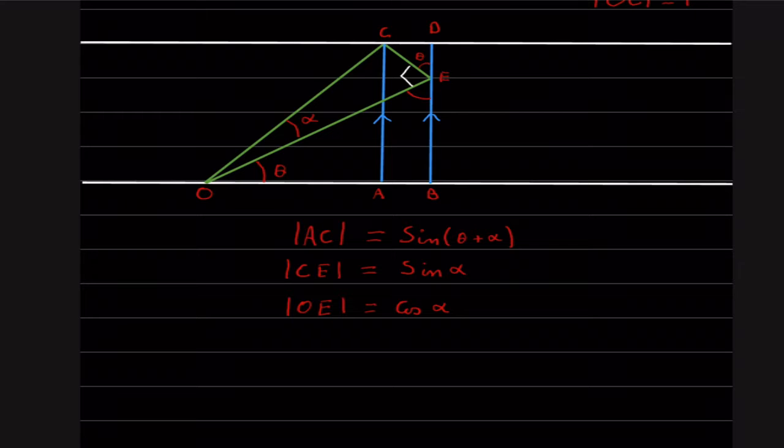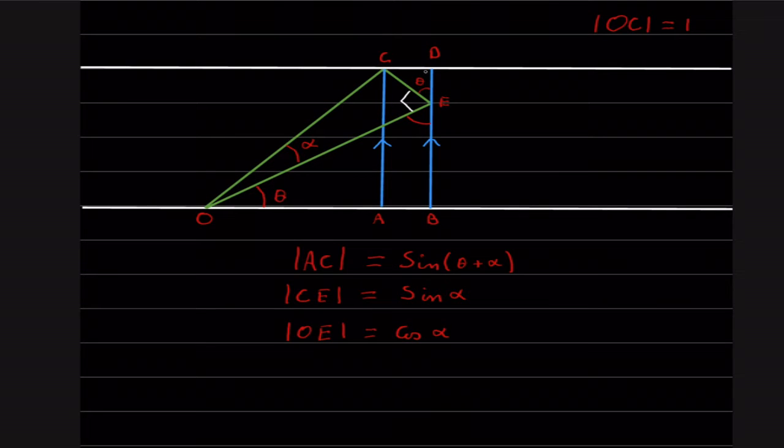So we found a few lines that we can determine the length of, and as we know, since these two white lines are parallel, the distance between the two lines is always constant. So the distance here and here will be the same because it's a parallel line.